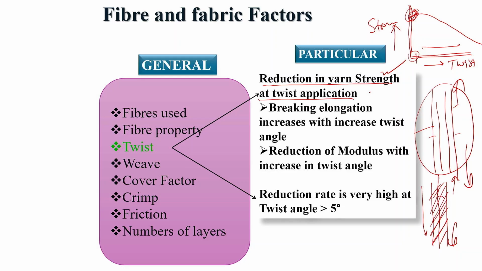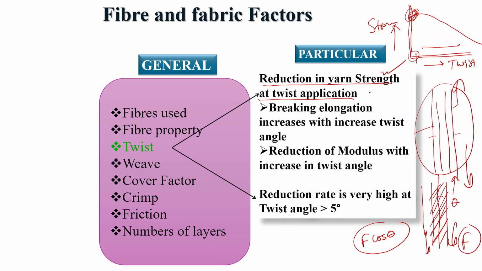But after that, as we increase the twist angle theta, the fibers' contribution to the load F will be F cos theta, because fibers are aligned at theta degrees to the force applied in the axial direction.